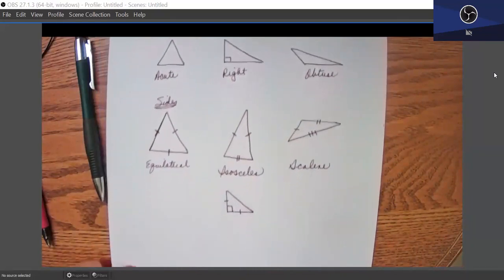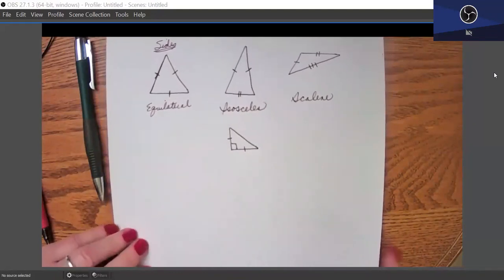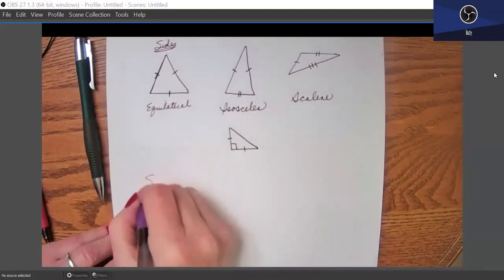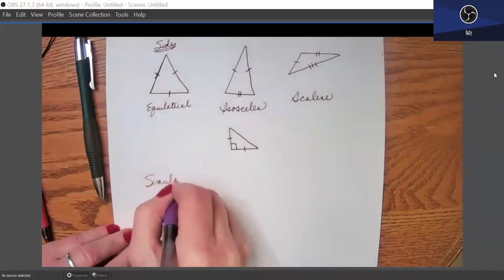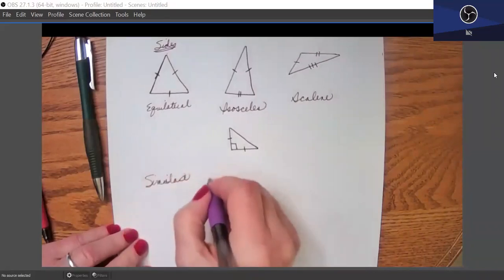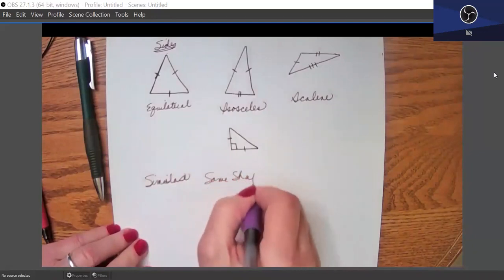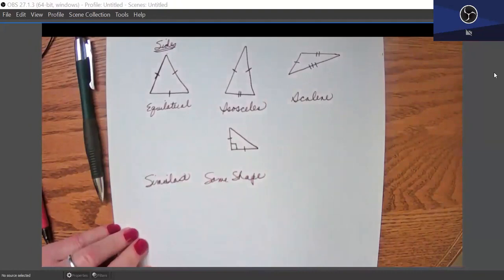All right, some other notations that we pull from geometry and use in trigonometry are similar, S-I-M-I-L-A-R, similar. Similar means same shape. Two triangles are similar, they are the same shape.